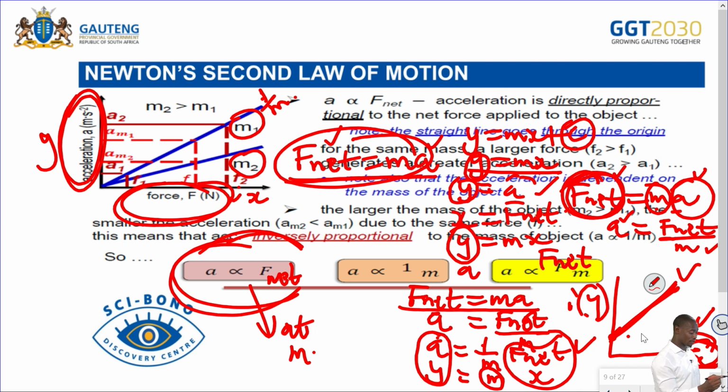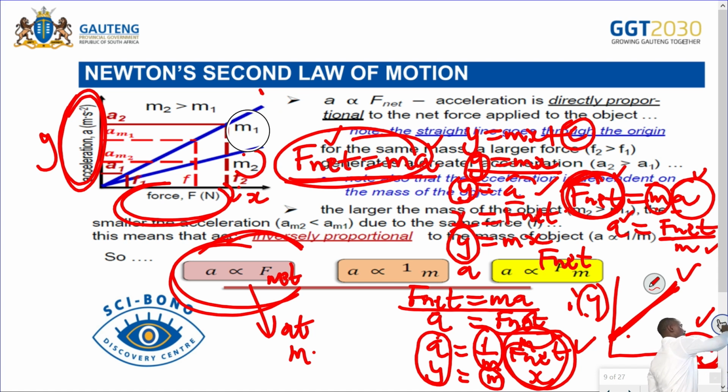So what I did here, I said, okay, for me to have F net as my X, I have to say A equals to 1 over M times F net. Because 1 over M times F net is still F net over M. So my M here will be 1 over M, or my gradient will be the inverse of the mass of that object, okay? Then my X will be F net.